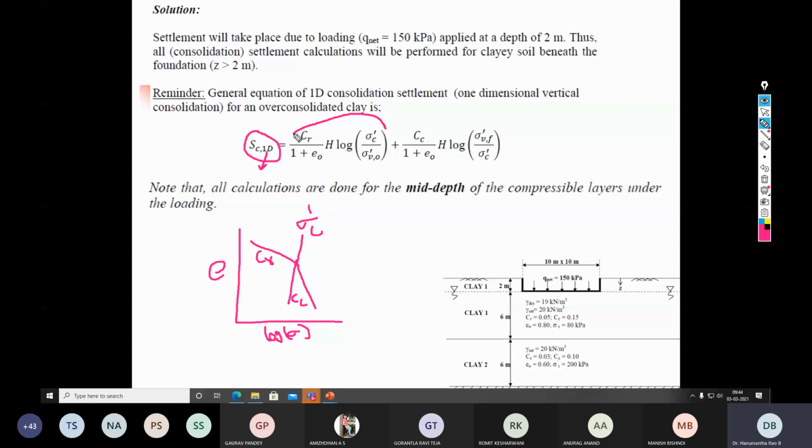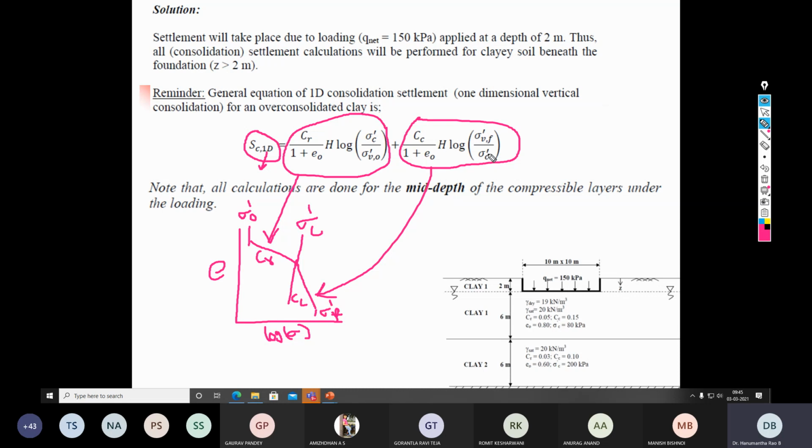Your first term represents the slope of the first linear line, while the second represents the slope of the second linear line. The upper and lower boundaries are sigma naught dash and sigma C. As you can see, log of sigma C dash by sigma V naught dash, that is between sigma C and sigma V naught dash. And this is sigma V dash f, that is final.